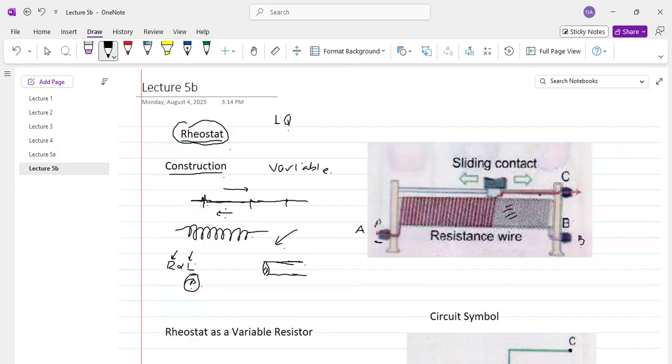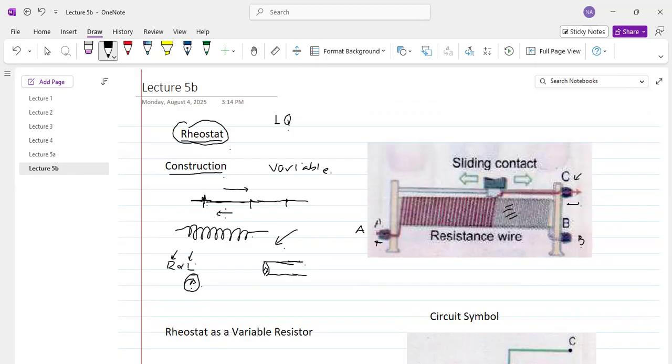And there is also a third terminal which is called C terminal, but this terminal is not directly connected to the wire. The whole wire is wound on a cylinder and both ends of the wire are connected with ends A and B.